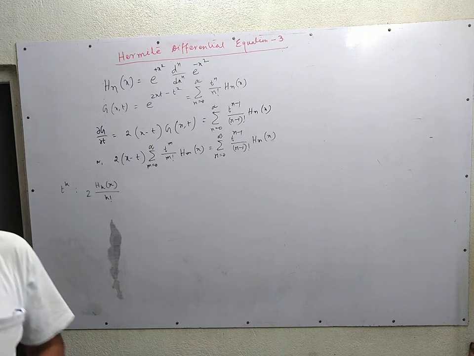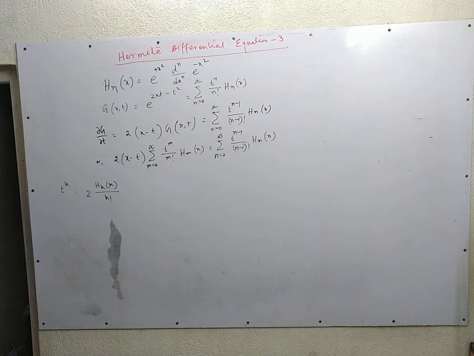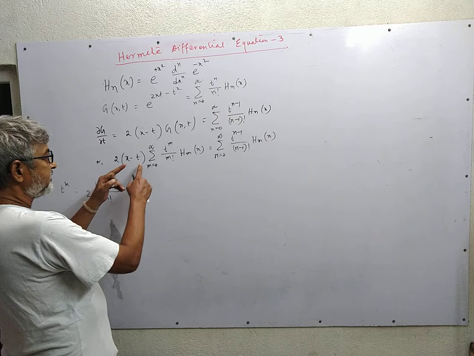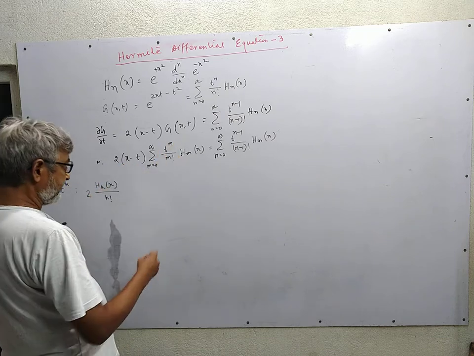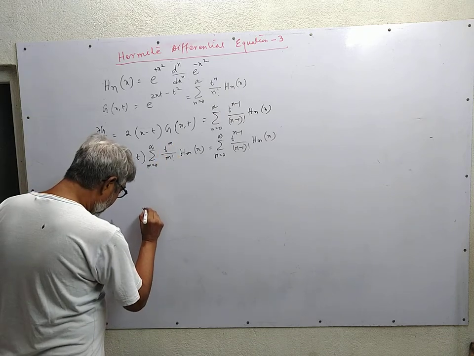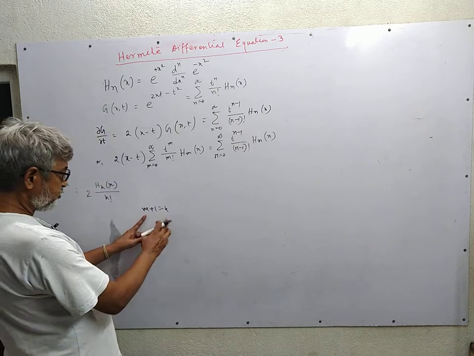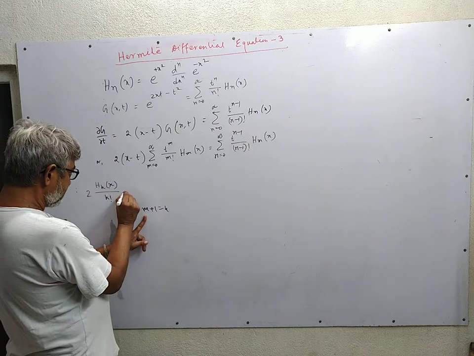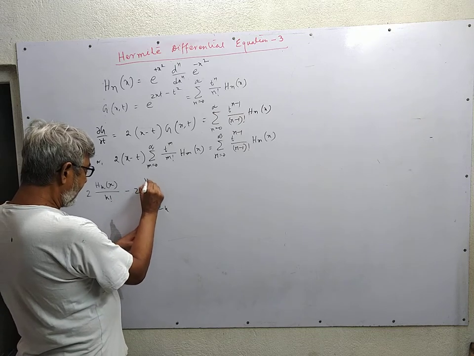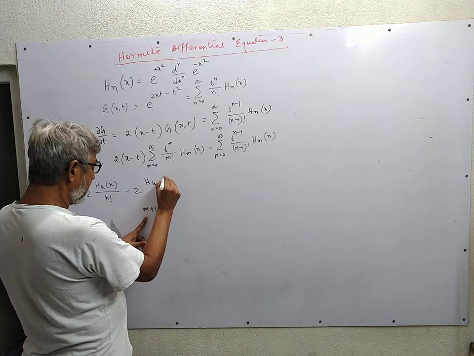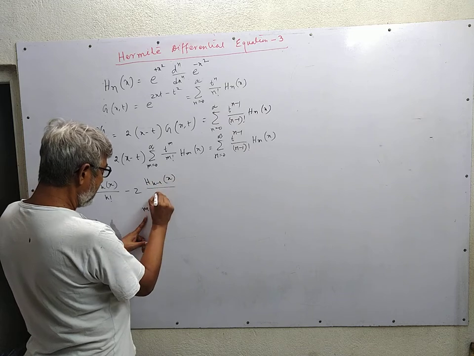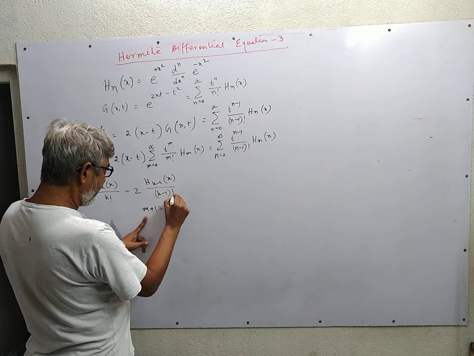And the second term, when t is multiplied, the power is t to the power m plus 1. So in that case, m plus 1 should be equal to k, that is n is equal to k minus 1. So this is minus 2 H of k minus 1 of x over k minus 1 factorial.